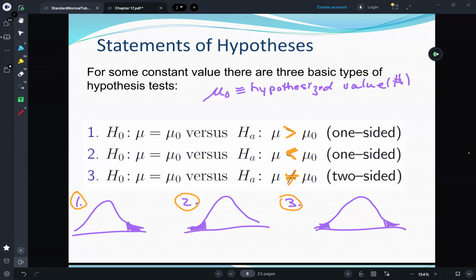Notice in this slide that every null hypothesis, case one, case two, or case three, has an equal sign. It's always an equals.